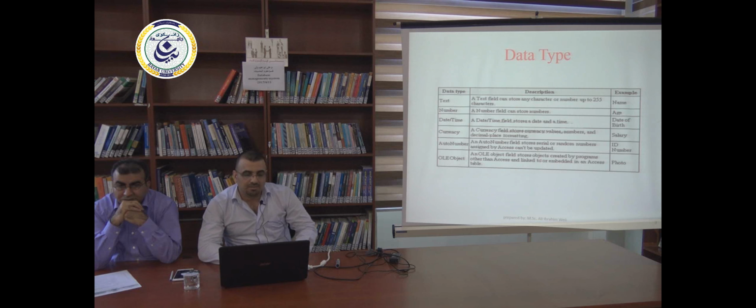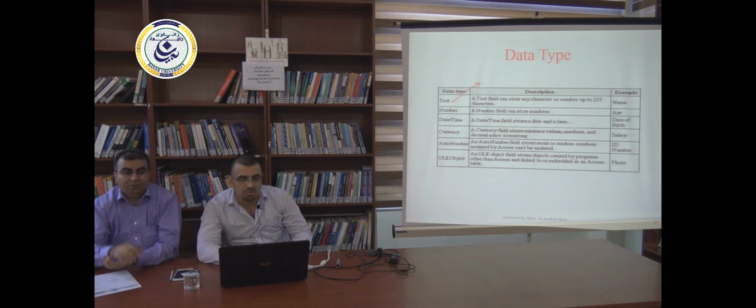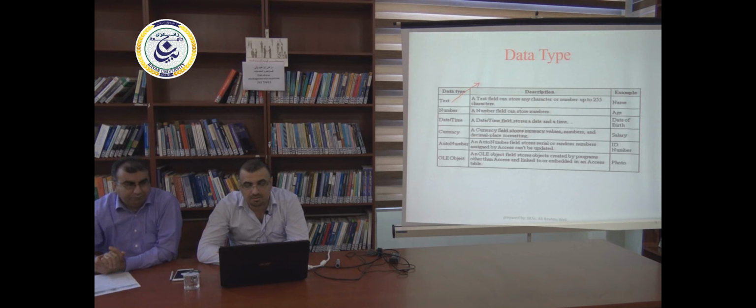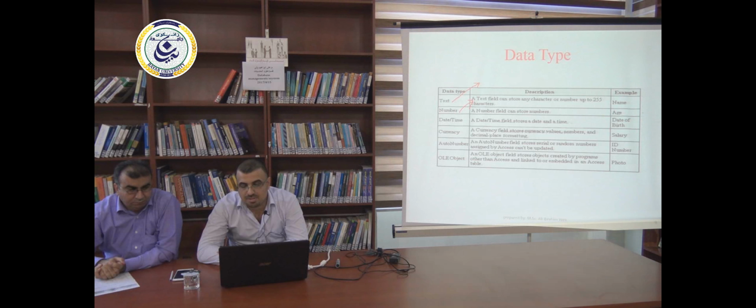There are many data types in Microsoft Access as a database management system. The first one is called text, which is used to enter text fields such as name. Number is used for numeric fields such as age. Date and time is used to insert the date of birth, for example.